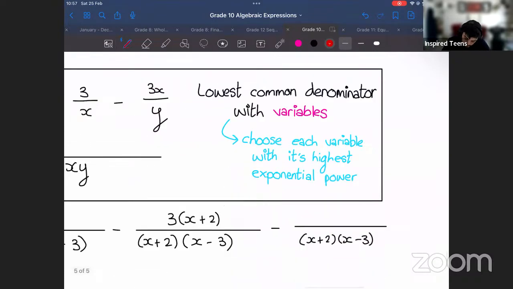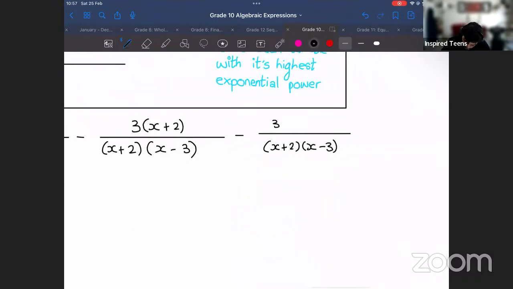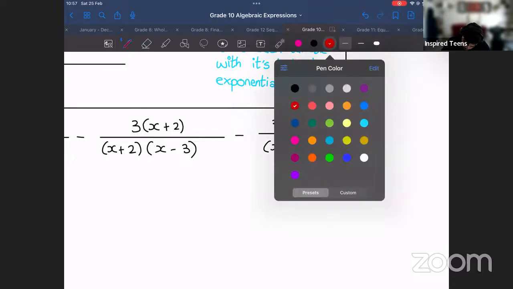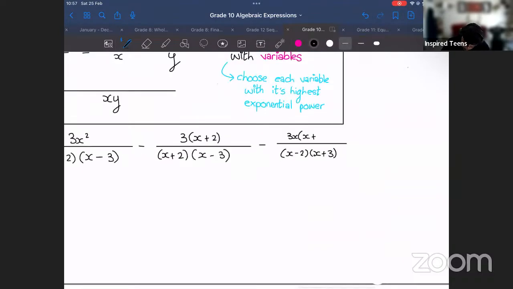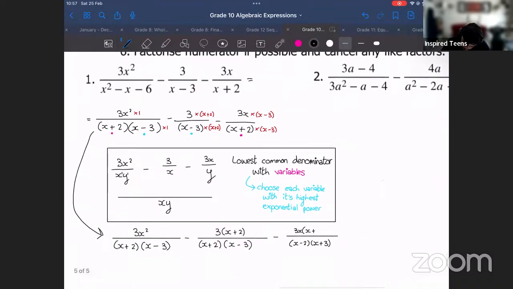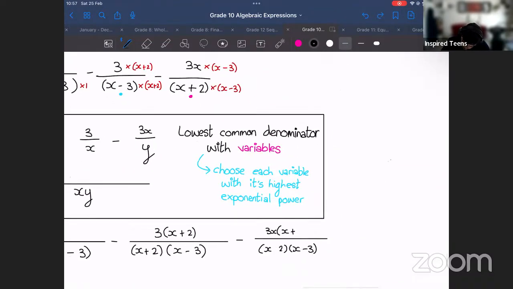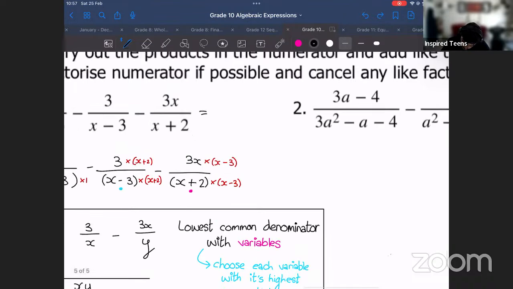So 3x times x plus x. Okay, I messed up something here. It's minus and plus. Nope, it was right the way it was. So it's missing x minus 3.